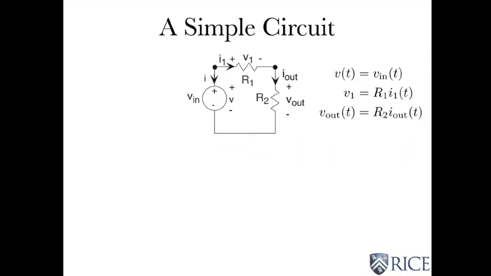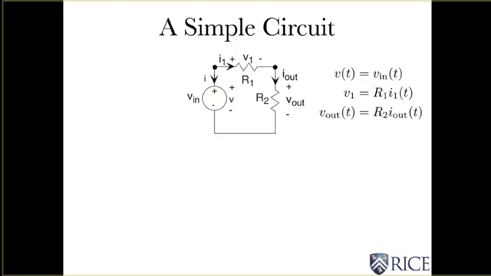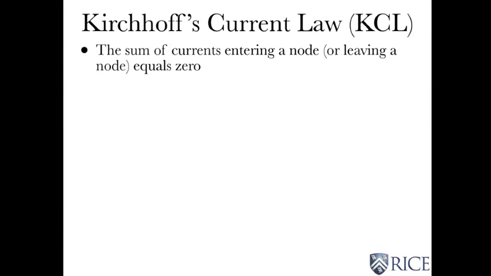So I'm calling the voltage across R2 our output, just because I wanted to. And here's the VI relation for the source, and here it is for the two resistors. And of course everything could be a function of time, as I've indicated. But 3 equations isn't 6. We need 3 more, and that's where the interconnection laws come in.